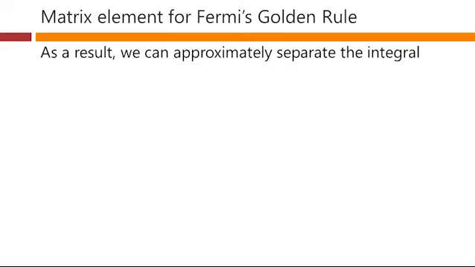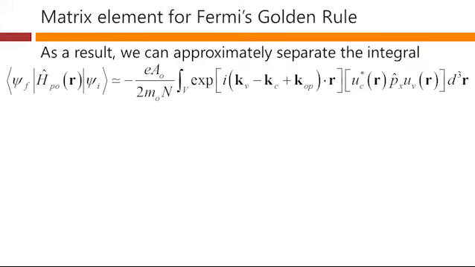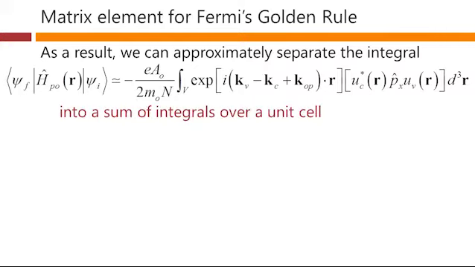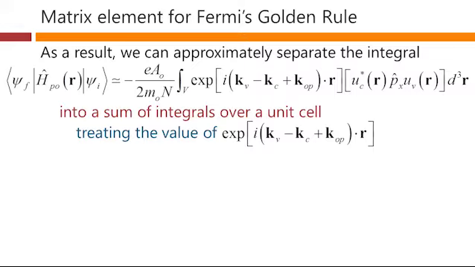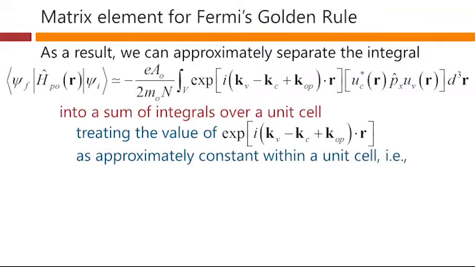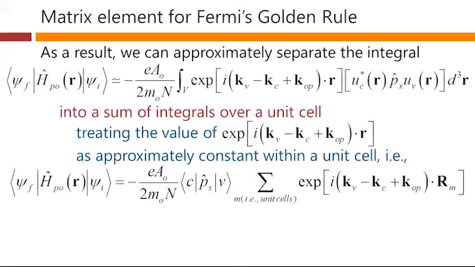As a result, we can approximately separate this integral that we wrote out before into a sum of integrals over a unit cell. We'll treat this term here as being approximately constant within any unit cell. It's varying very slowly over the size scale of a unit cell.